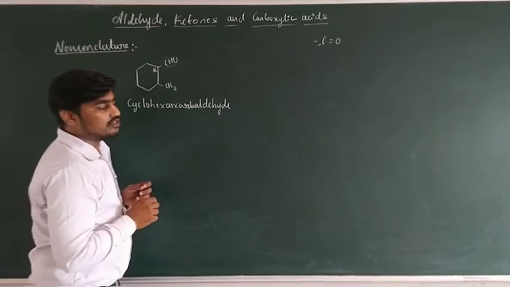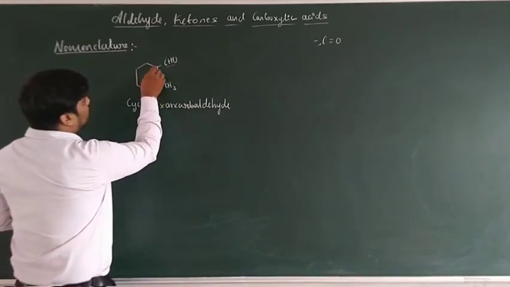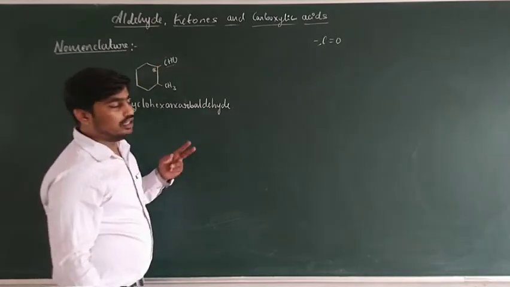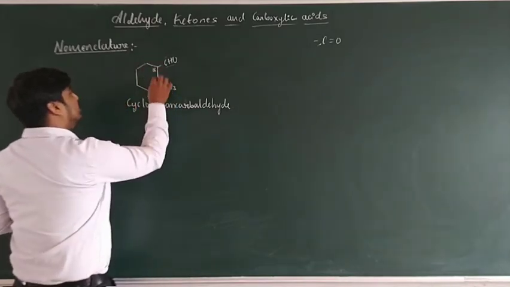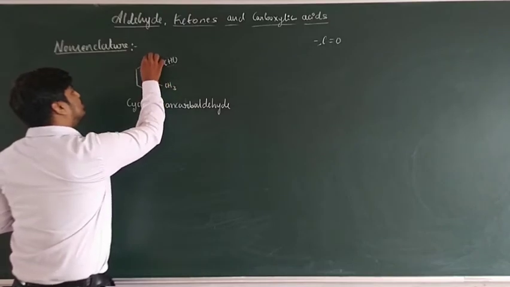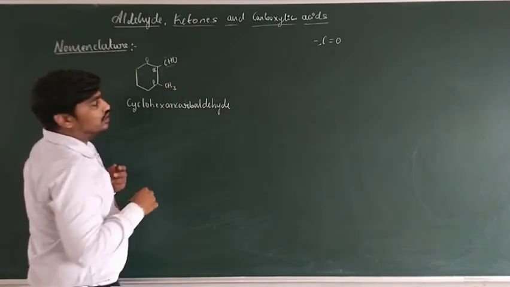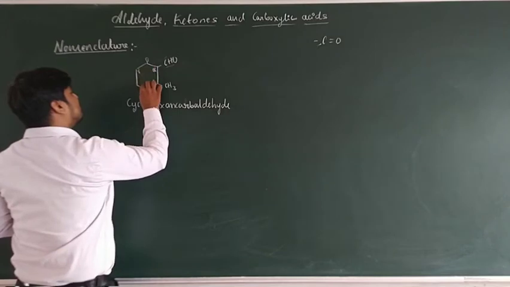The adjacent carbons, there are 2 adjacent carbons here and here, are known as beta. The very next to beta is known as the gamma carbon.